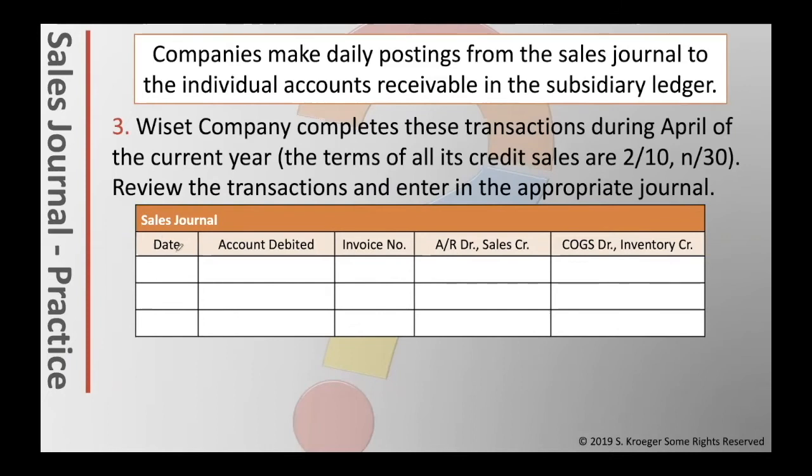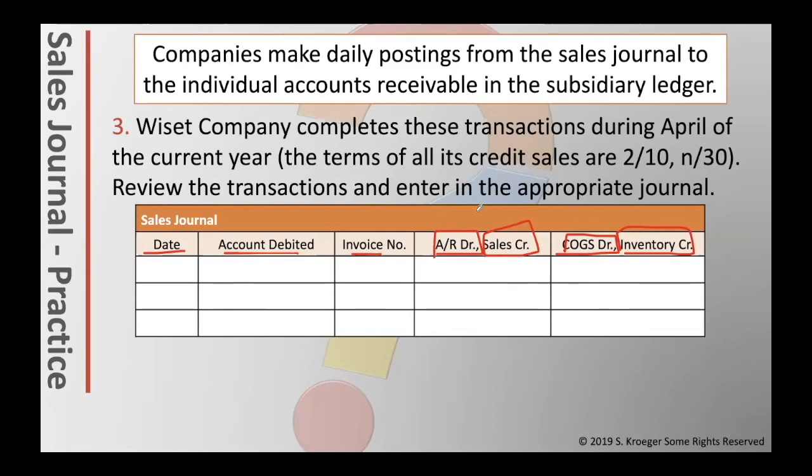We still have the date as our first column, account debited, invoice number, accounts receivable debit, and then sales credit all in one box, and then cost of goods sold debit and inventory credit all in one box. The sales would go here instead of listing the sale as accounts receivable and then sales separately on the left-hand side. They're across the top now.